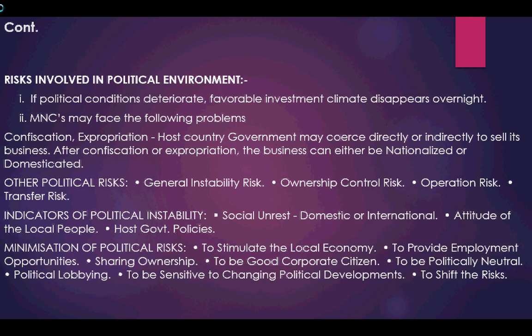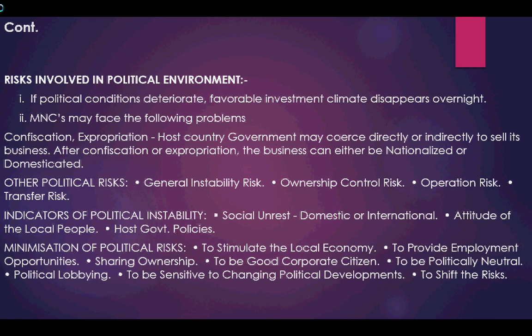As we know, for an MNC, one is the home country where the business firm has registered. The countries in which the business operation takes place are considered host countries. The host country government may coerce directly or indirectly to sell its business.